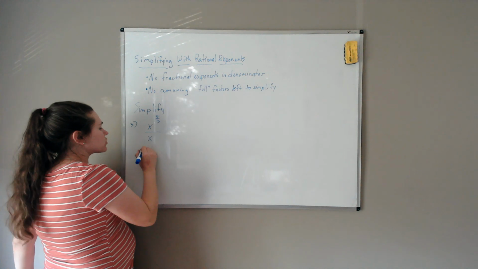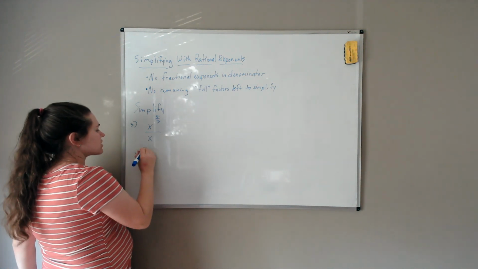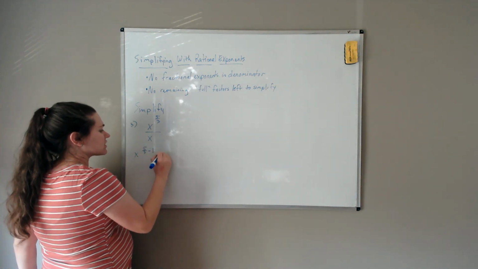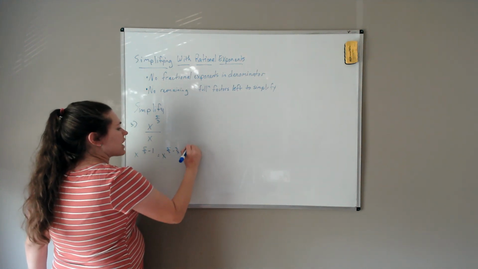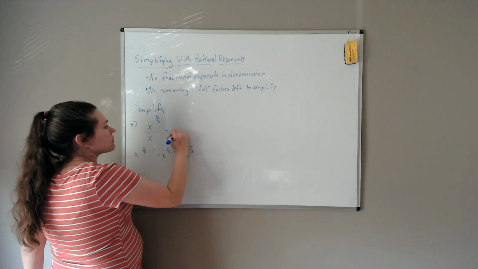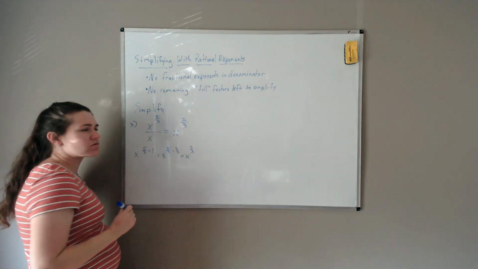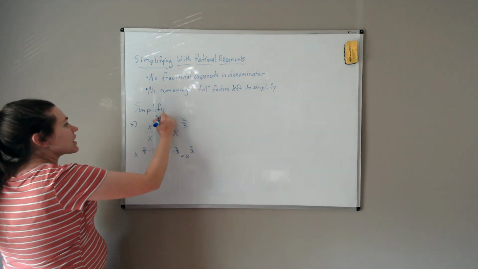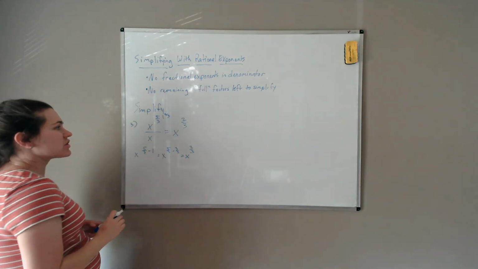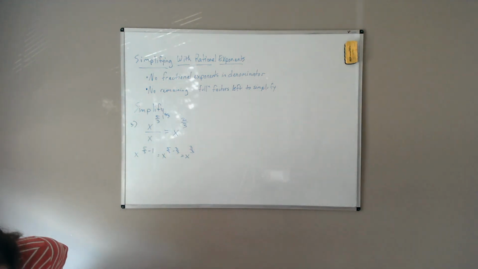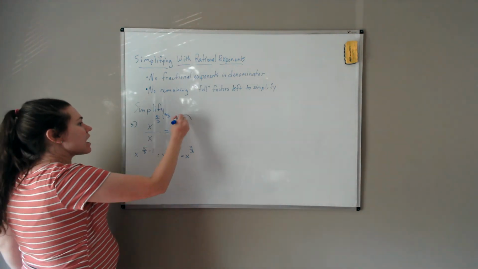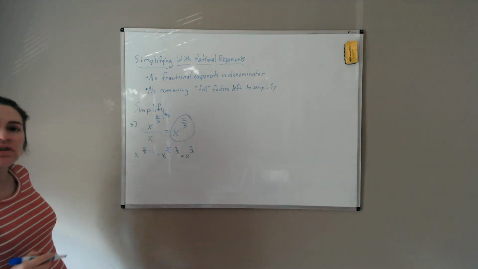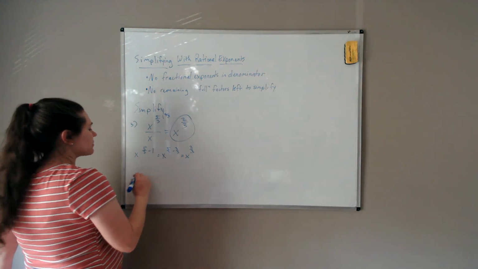So I should be subtracting these exponents. This is x to the 5/3 minus 1. That's going to be x to the 5/3 minus 3/3. This is x to the 2/3. So this simplifies down to being x to the 2/3, because technically what I have here is x to the 1 2/3. So I have one full factor of x that I can cancel out, and then I would be left with x to the 2/3.